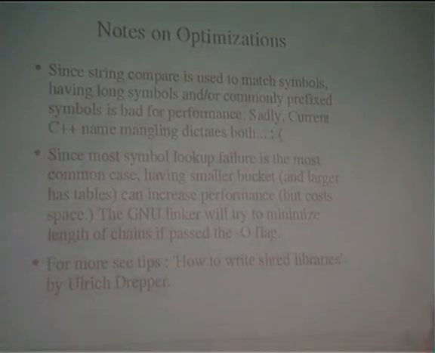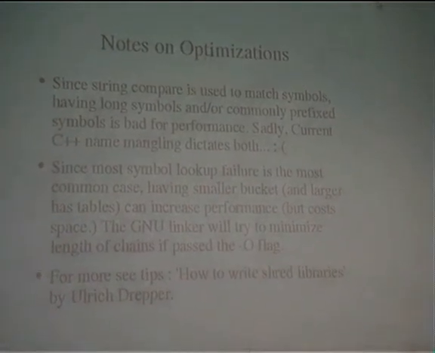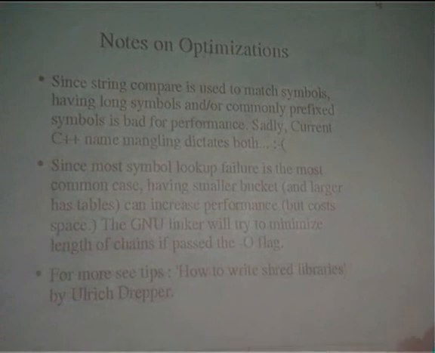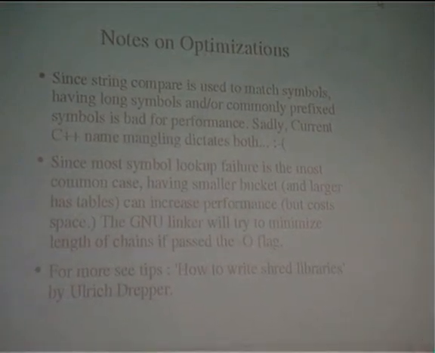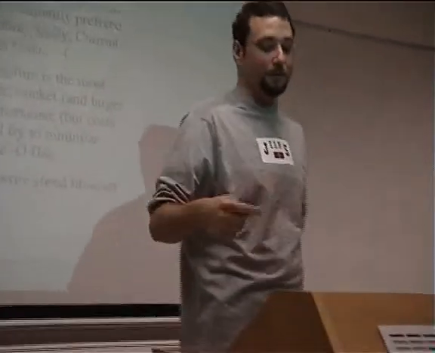Very wasteful are long strings which have the same prefix in the beginning, which is very common. Not only is it very common, but the C++ standard mangling actually demands it. It both creates very long strings and with a quite constant prefix. Also, the Ada compiler does the same, putting ada underscore in the beginning. And this is completely useless.